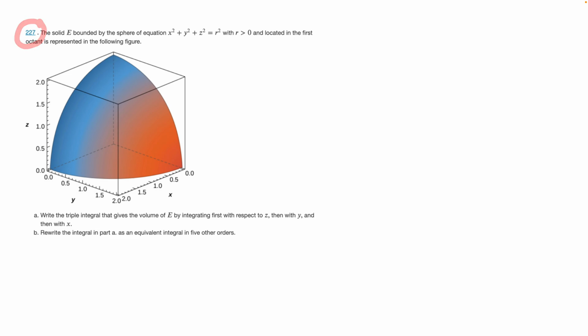Exercise 227. Let's look at evaluating a triple integral where the solid is contained inside of this sphere, which is provided to us here in the picture for some r, which is positive.